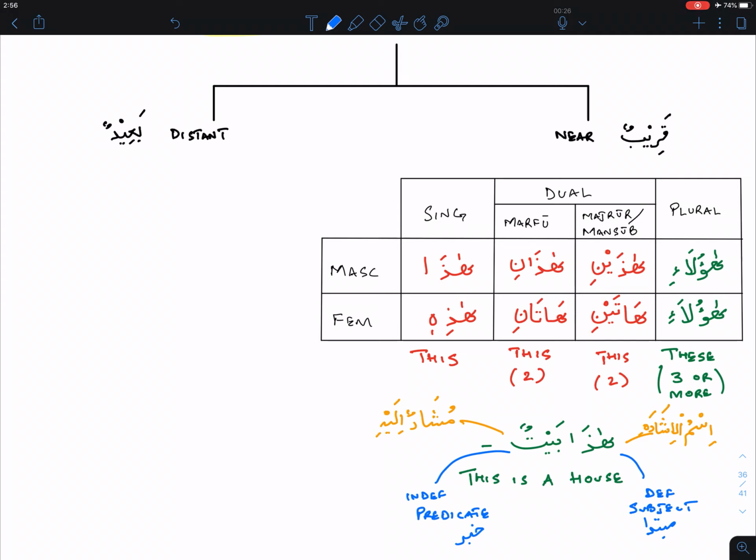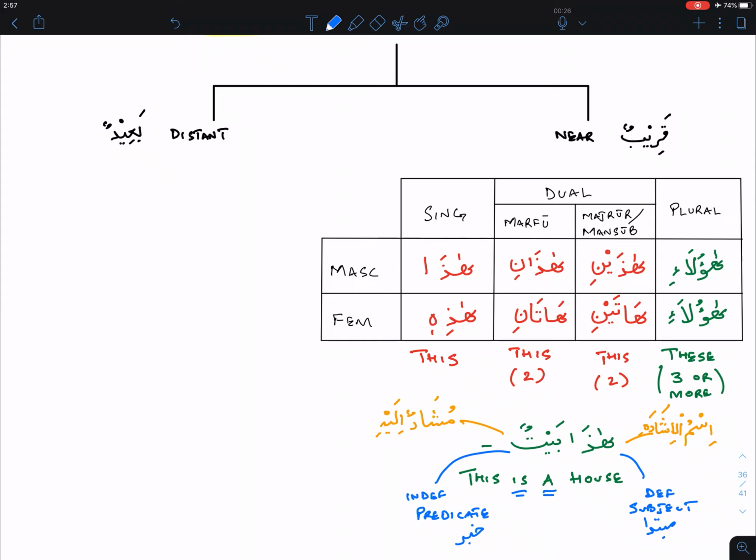So this is mubtada khabar, and therefore the translation is going to be, this is a house. This here comes because of this mubtada is the nakira, and the is coming because of the mubtada khabar construction, right? That's inserted. Go back to the compound discussions, and inshallah you can refresh that there.